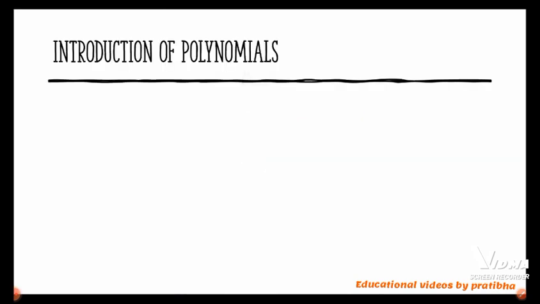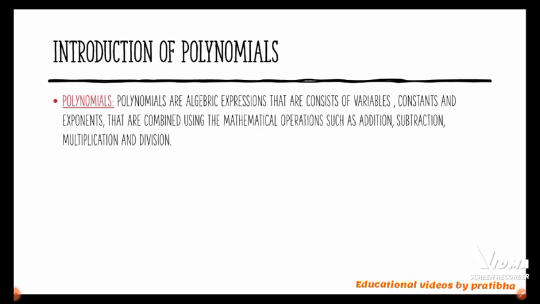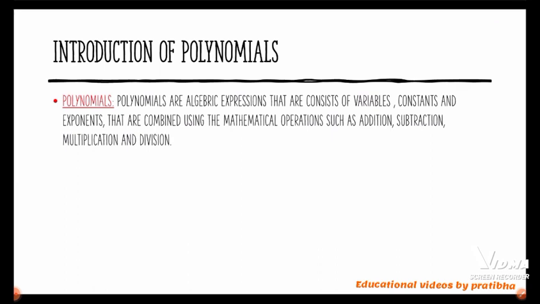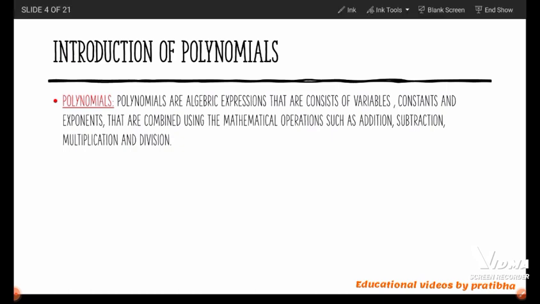So let's see what polynomials are first. Polynomials are algebraic expressions that consist of variables, constants and exponents that are combined using the mathematical operations such as addition, subtraction, multiplication and division.